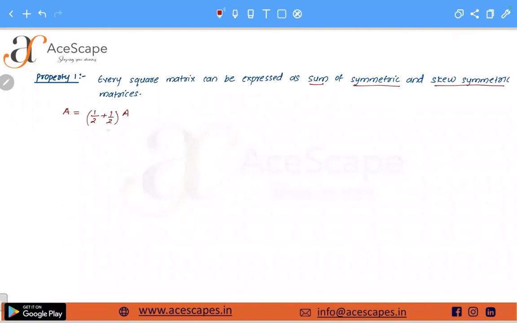Half plus half equal to 1, into A is equal to A, which is equal to half into A plus half into A. Now I'm subtracting and adding half of A transpose: half of A plus half of A transpose plus half of A minus half of A transpose. This half of A transpose and minus half of A transpose will get cancelled and it will be the same.